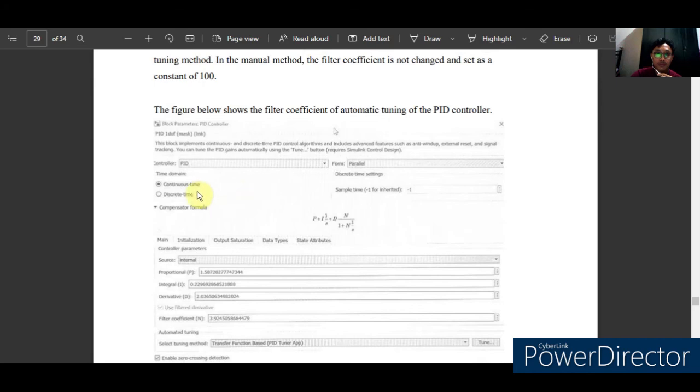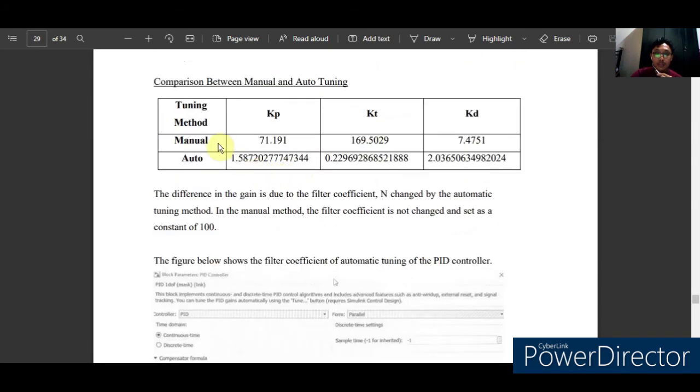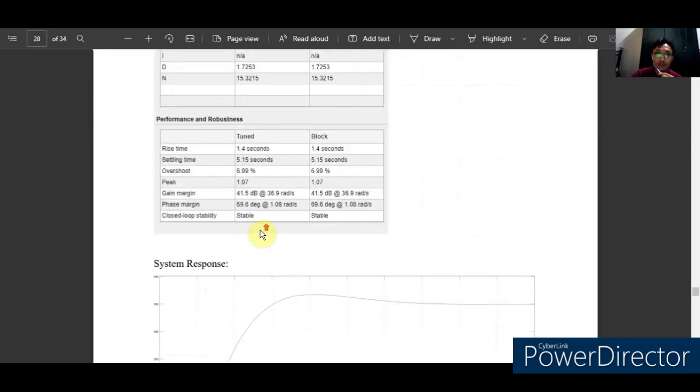So these are the differences that we have gained based on manual and auto tuning. These have the same parameters but different methods of tuning. So I think that's all for the problem execution and results.